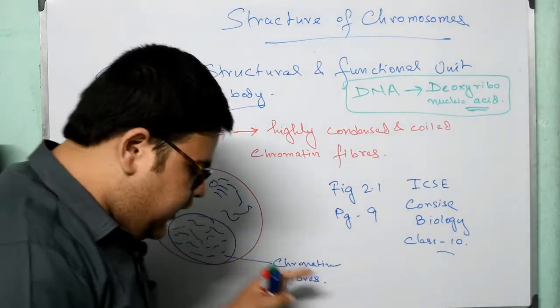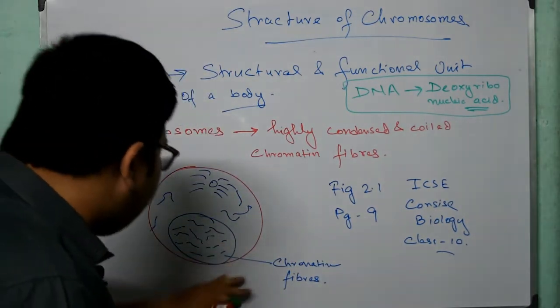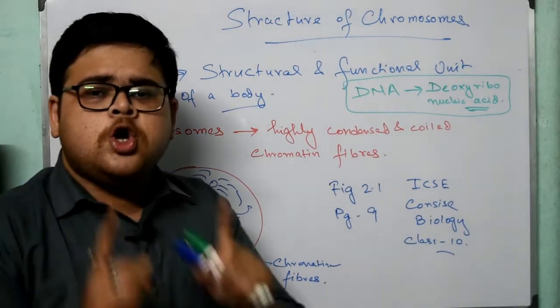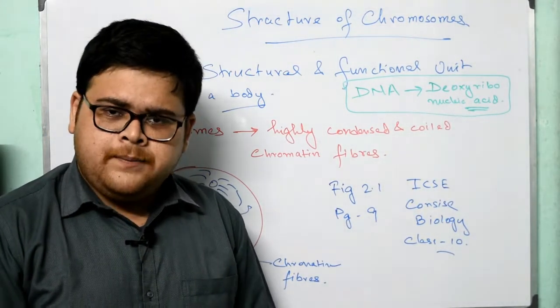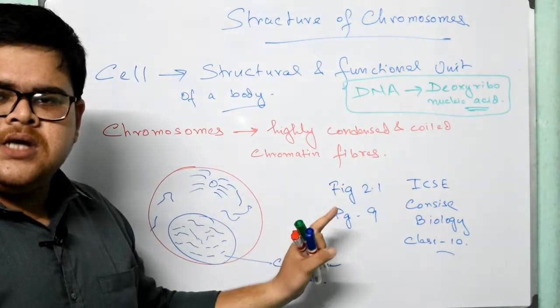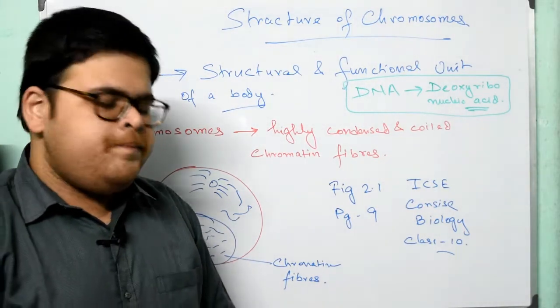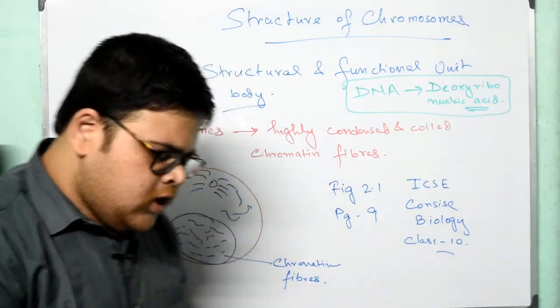Those chromatin fibers, which are highly coiled and condensed, we term as chromosome. So I hope up till this, what is chromosome and what is chromatin fiber, is clear to you. For any questions you can definitely ask me.